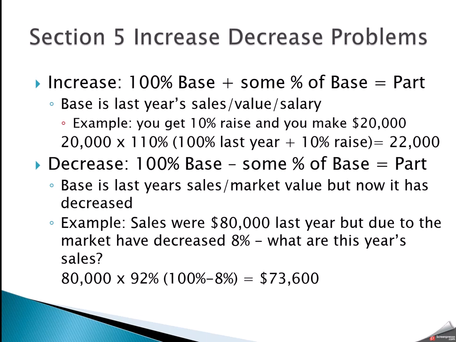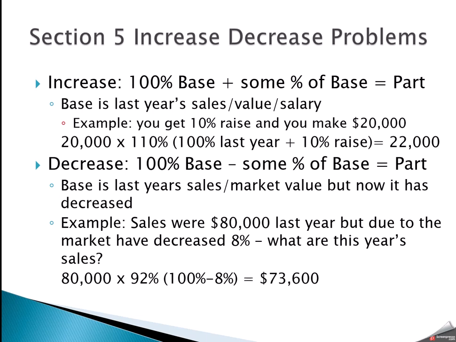What gets complicated, though, I will warn you, is in the homework, they will tell you your new salary is $22,000, and you got a 10% raise. What was your salary last year? This one you might be able to compute logically because the numbers are easy, but they won't always be easy.